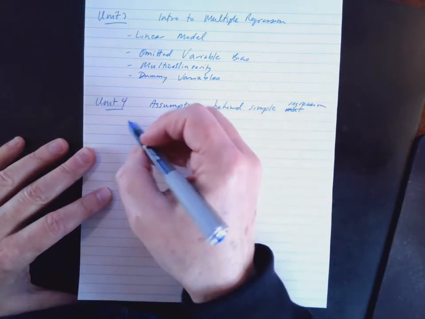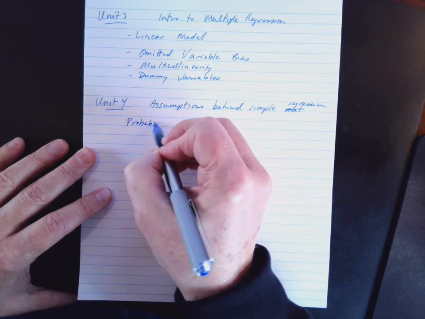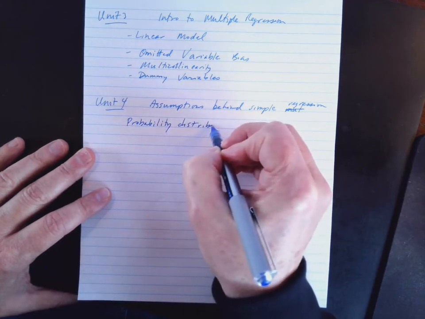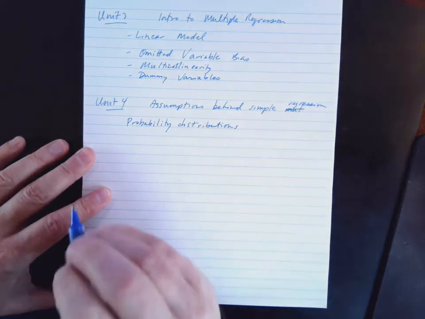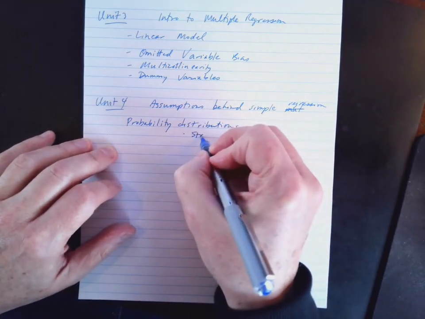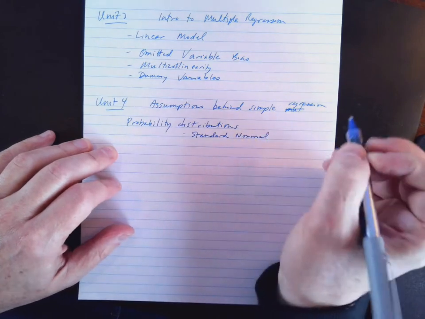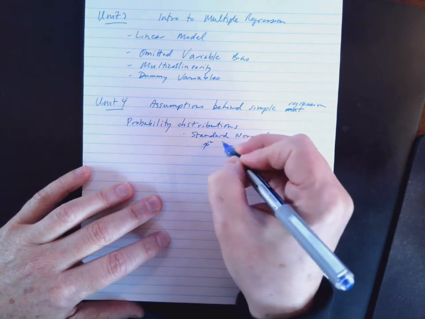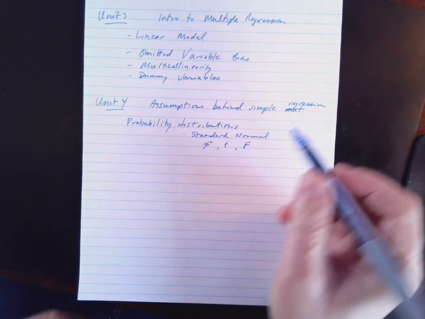So this required us to talk a little bit about probability distributions, in particular the standard normal, and then related distributions to the standard normal. So chi-squared, t, and f distributions.